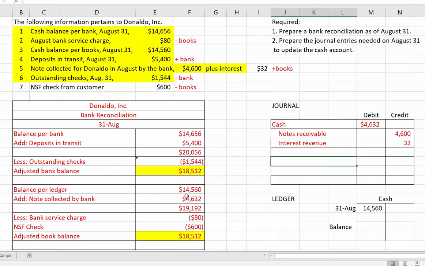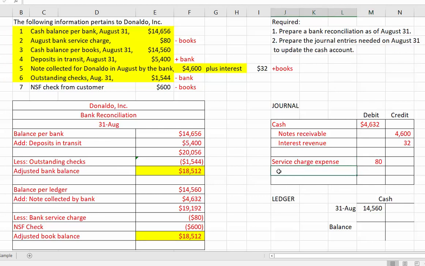Okay, so we took care of the increase. Now we have two things that decreased our cash. So we're going to debit service charge expense. This could be a miscellaneous expense also, generally a very small number. Okay, so our service charge expense is $80.